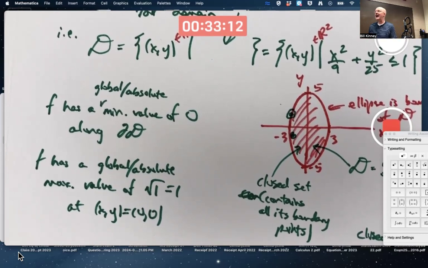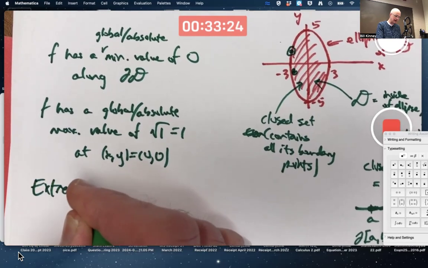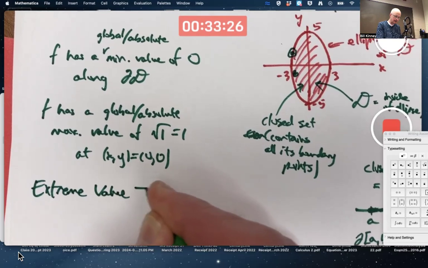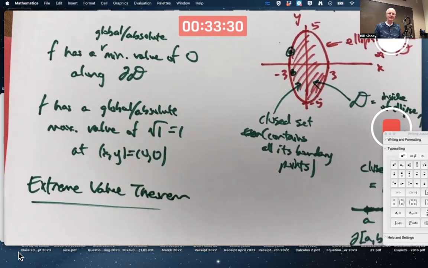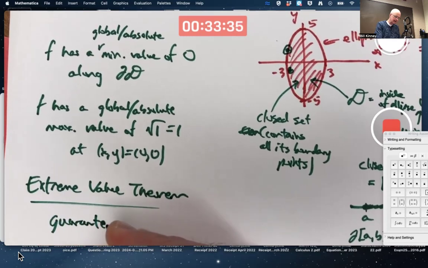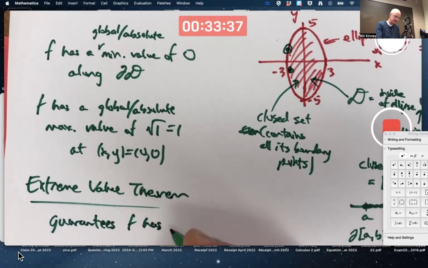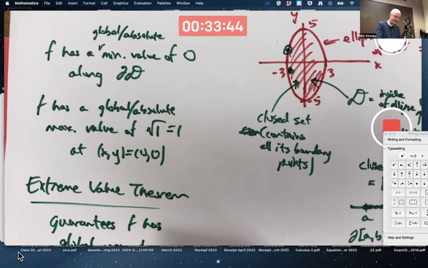That it's got a global max and min value is guaranteed by a very important theorem called the Extreme Value Theorem. I'm not going to write it out, but I want to emphasize that it guarantees F has a global max and min value over D. What does it say?